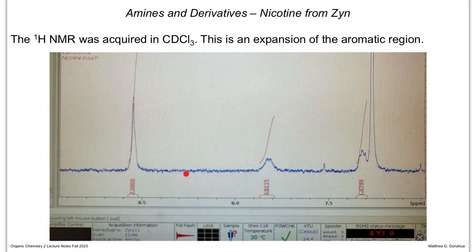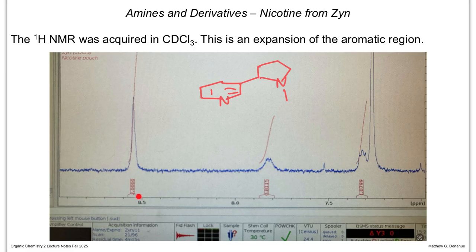And so this was the spectrum that was produced in the aromatic region. So when we look at this, the pyridine ring, there should be 1, 2, 3, 4 signals.